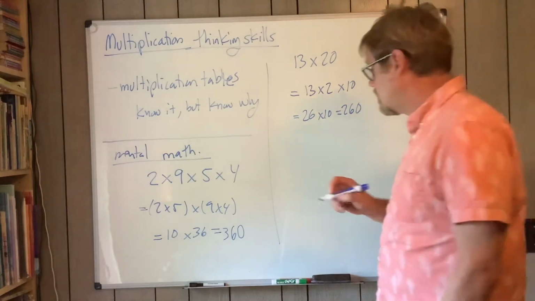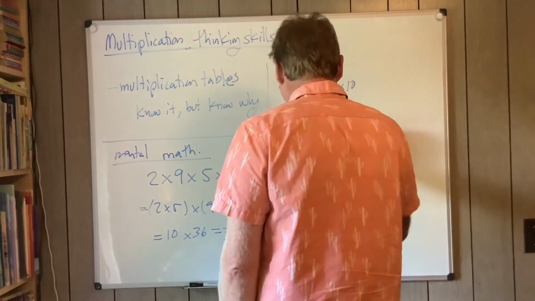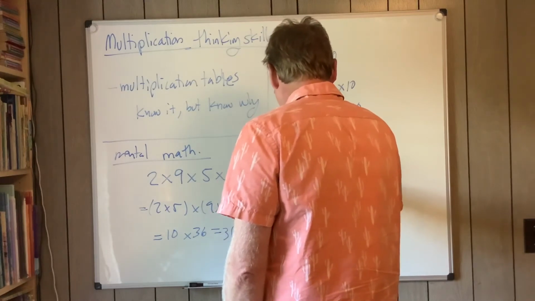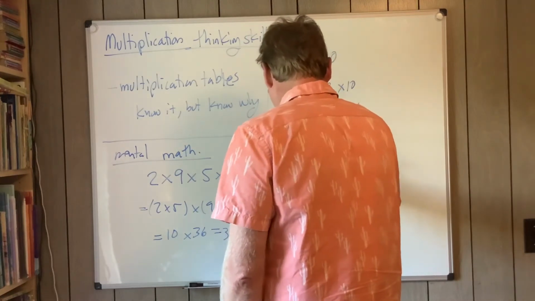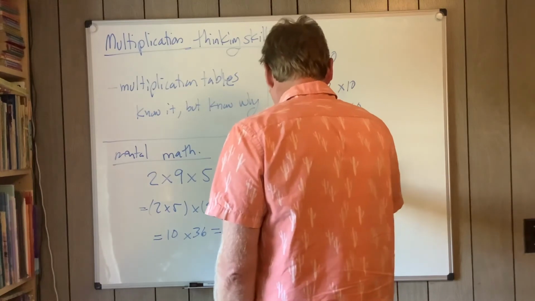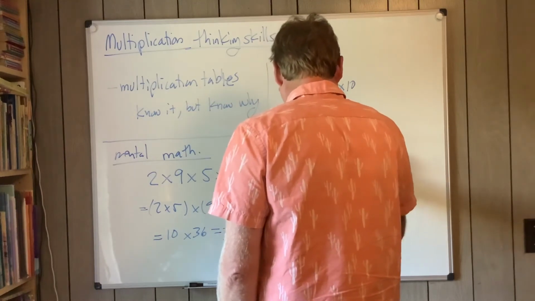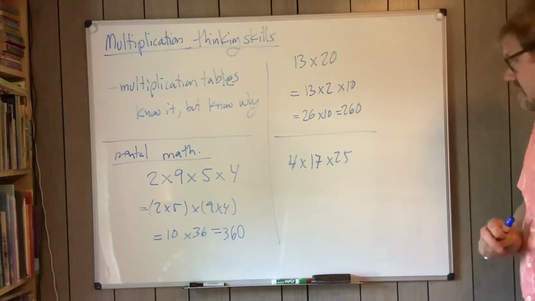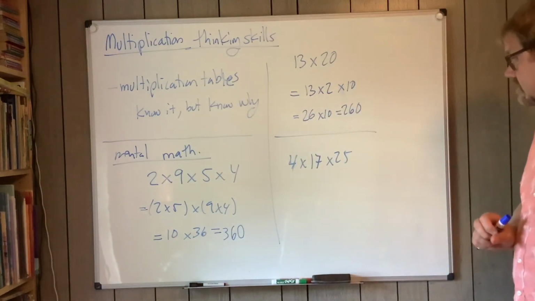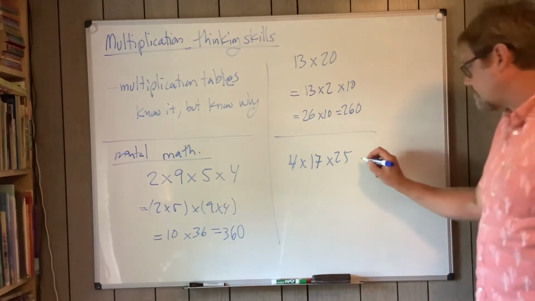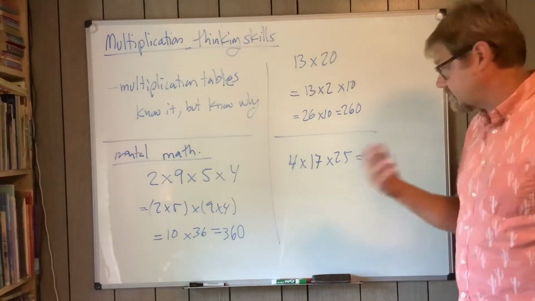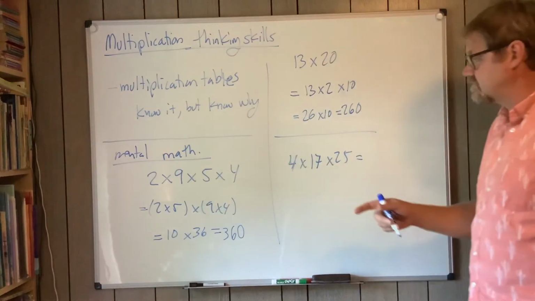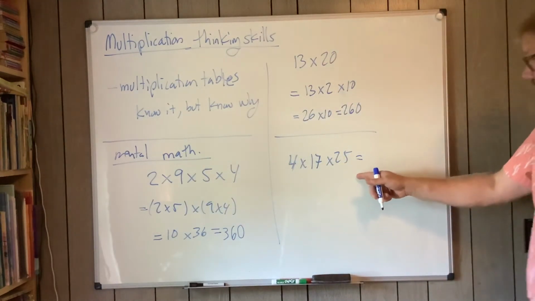Let me do a 17. Let me look at that. Any time I'm given things with more than 2 things, we're going to do any order type stuff.